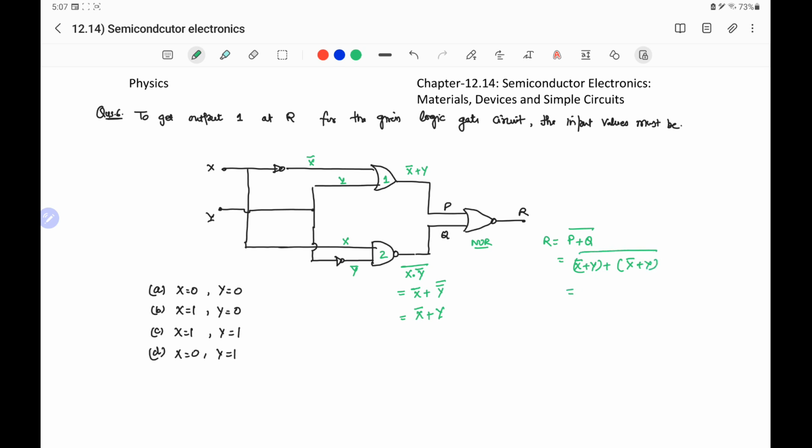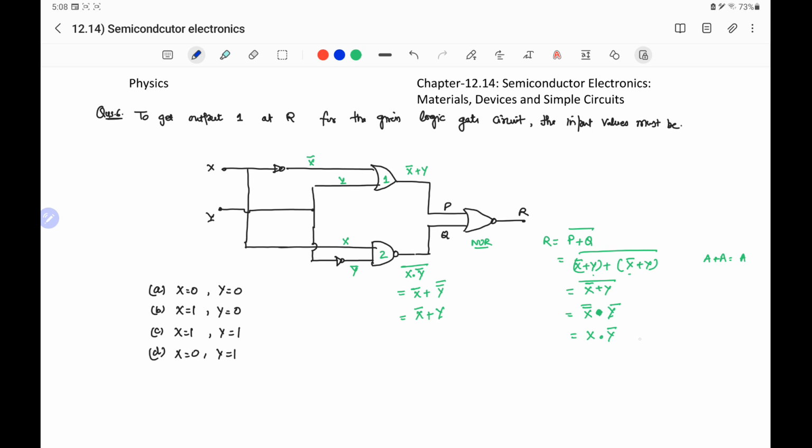Because these two are the same, if we take the OR of the same input, we will have the same value A. Therefore, it will be complement of x bar or y complement. So this can be written as, using De Morgan's theorem, double complement of x, OR is converted to dot, that is AND, and then y complement. And this x double complement will be simply x and y complement.